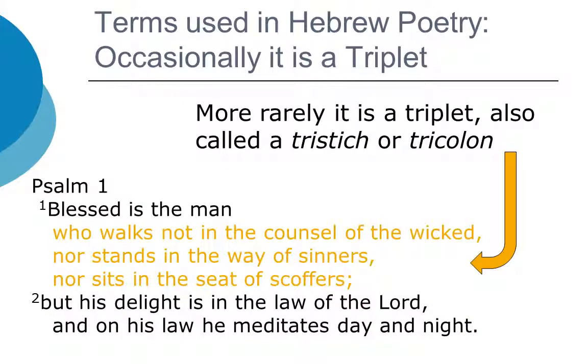More rarely, we have three lines that are related like this, and this is known as a triplet or a tristich or tricolon. A good example is Psalm 1, and those three lines there you see are related to one another through synonymous parallelism. There's three lines rather than two.